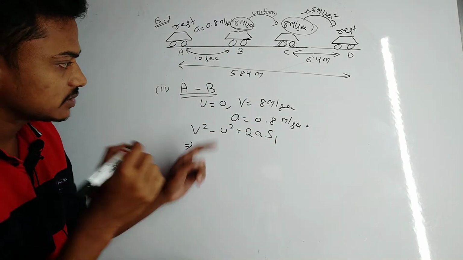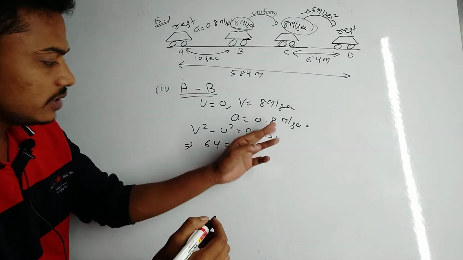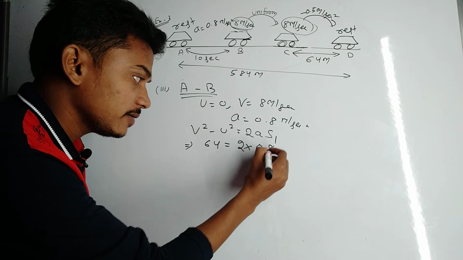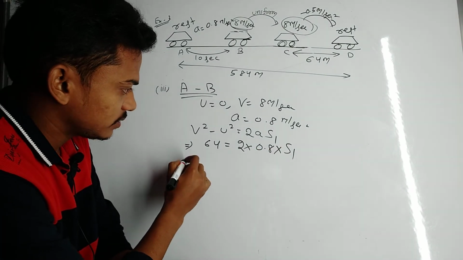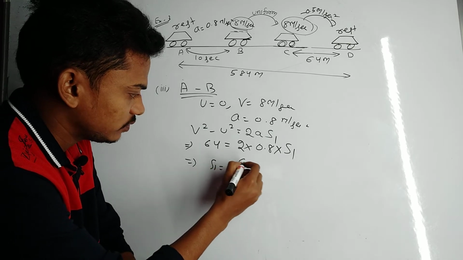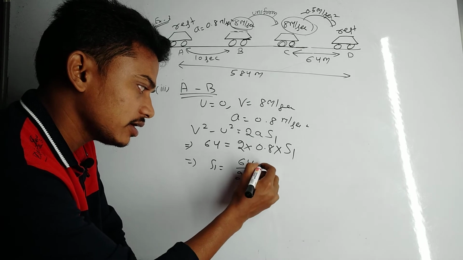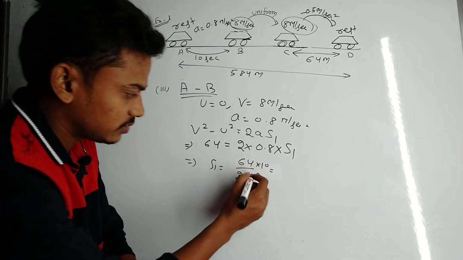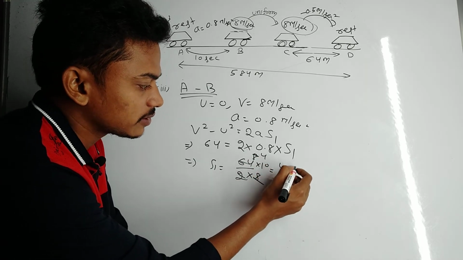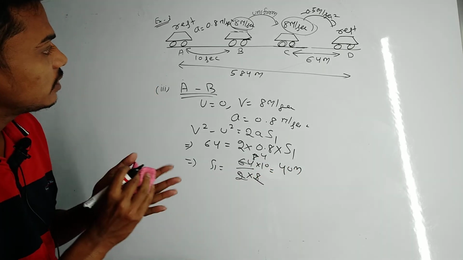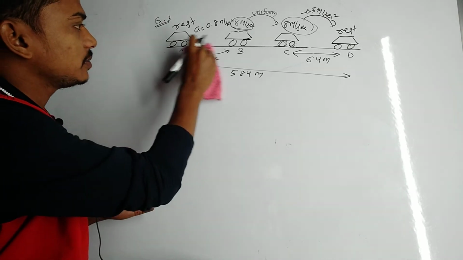So v square, 8 square, is 64, equal to 2 into 0.8 into s1. This implies s1 equals 64 by 2 into 0.8, which is 40 meter. So the distance between A and B is 40 meter.